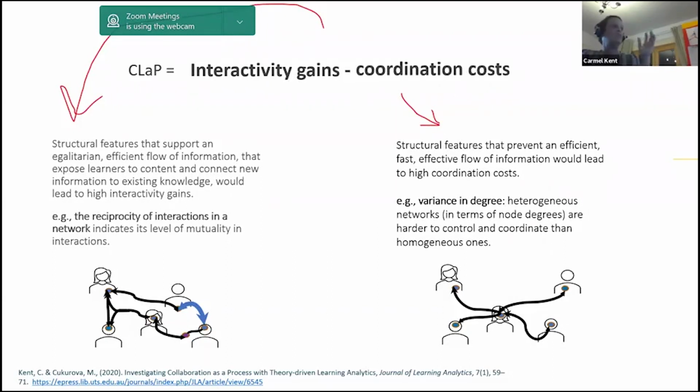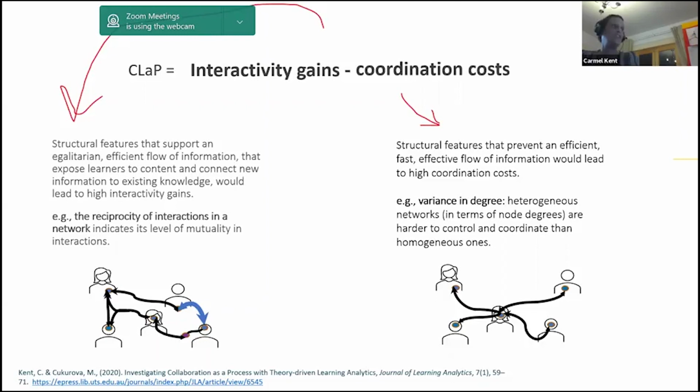Interactivity gains would be those structural features of the network that support a very efficient flow of information, very egalitarian, that expose learners and connect new information to existing knowledge. So for example, we chose reciprocity of interaction, which indicates the level of mutuality. So how much do we actually, not necessarily respond by commenting, but interact with people that are interacting with us.